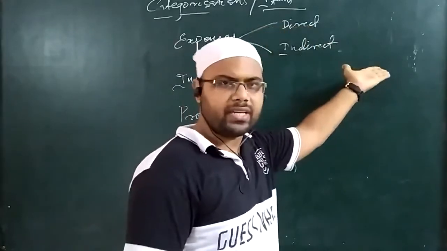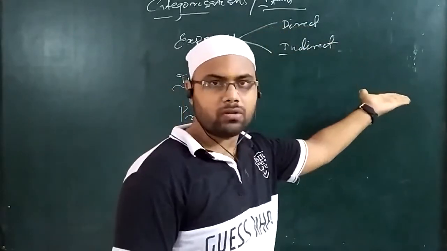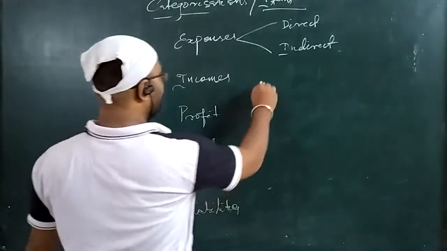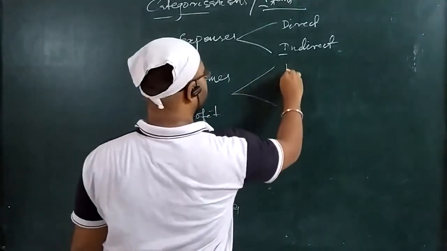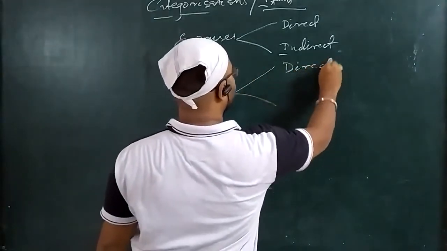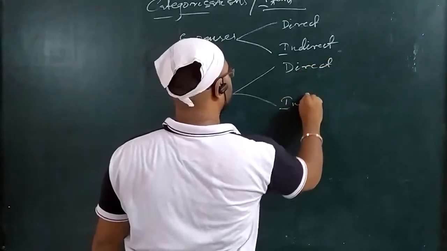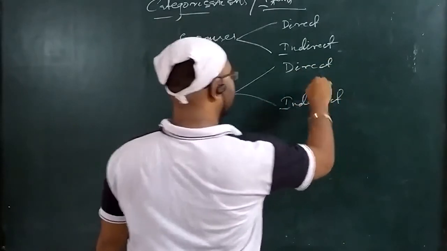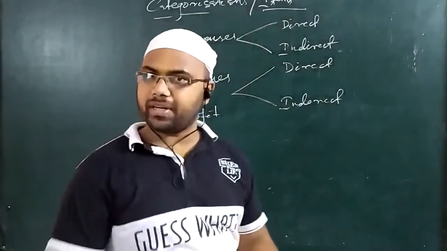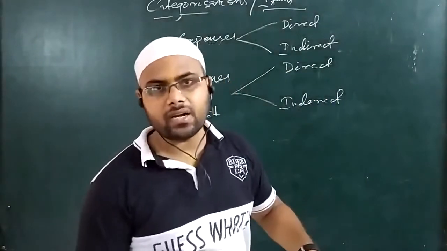Direct expenses go to the trading account, indirect expenses go to the profit and loss account. Coming to income, again we have 2 types: direct income and indirect income. Same here: direct income is taken to the credit side of the trading account, indirect income is taken to the credit side of the profit and loss account.